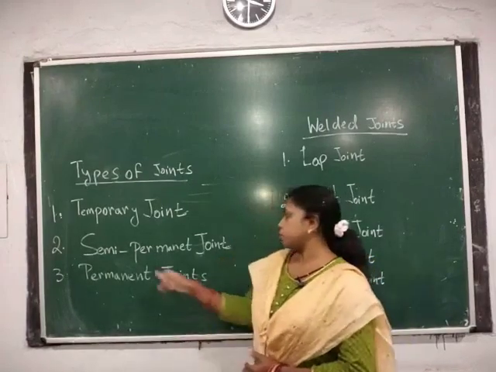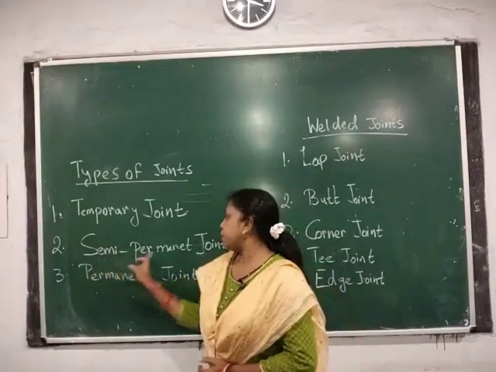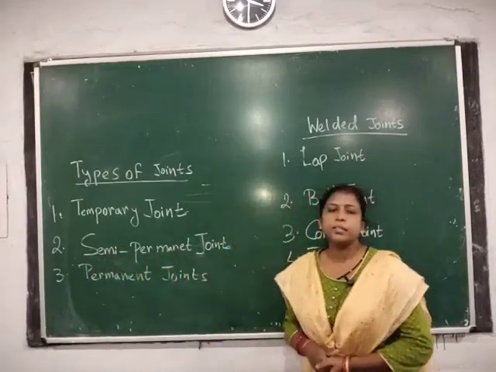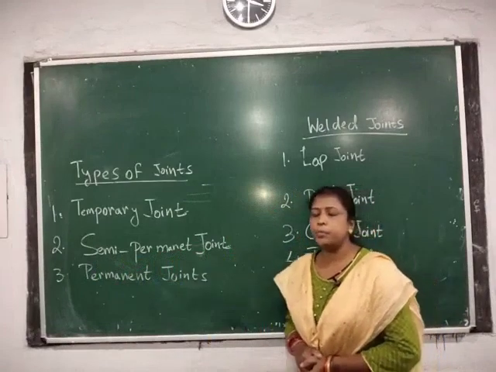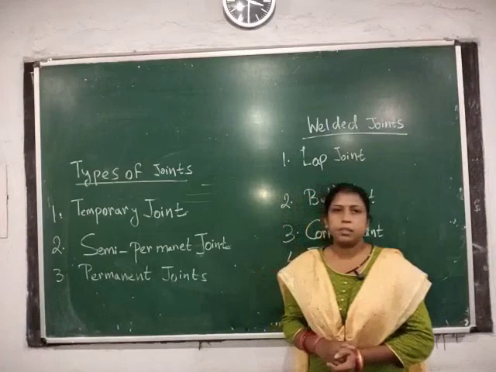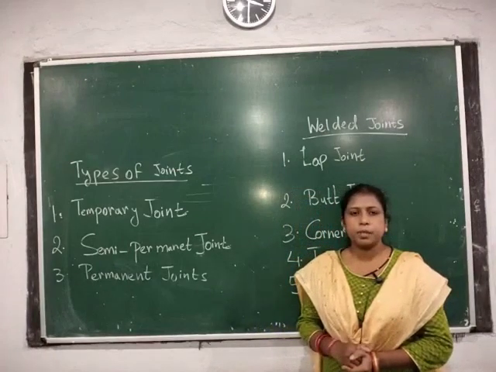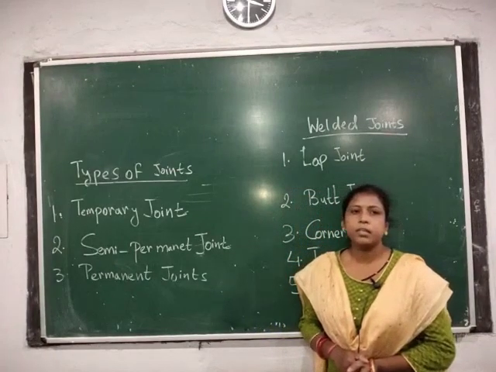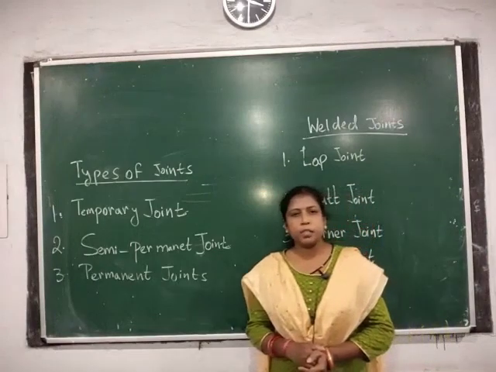Next we will go to semi-permanent joints. What is a semi-permanent joint? Semi-permanent joint is a joint which can only be disassembled by breaking the material or breaking the joint.